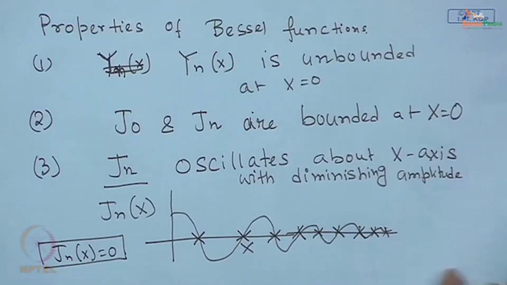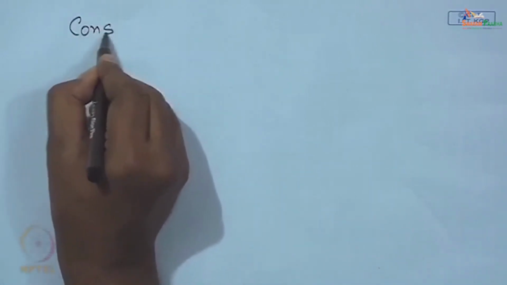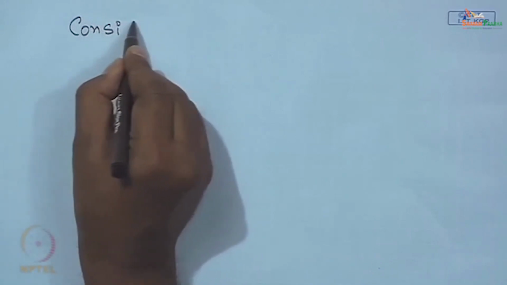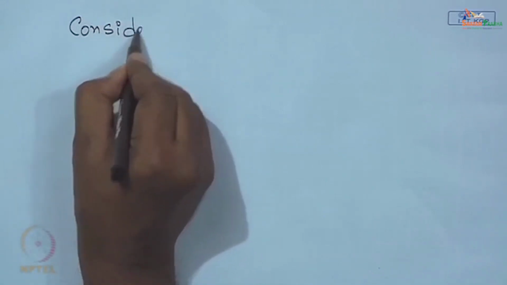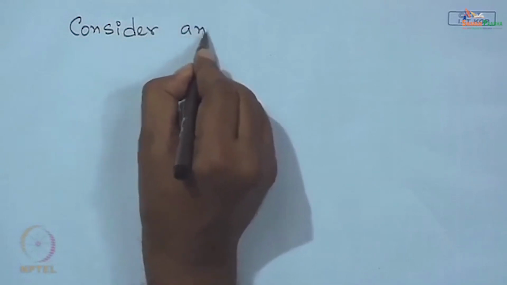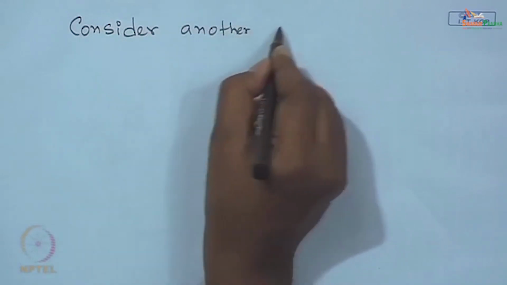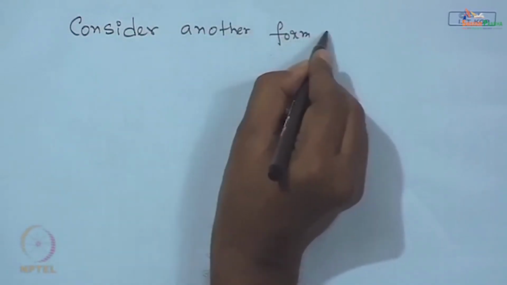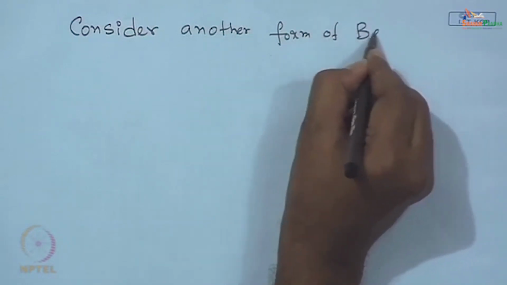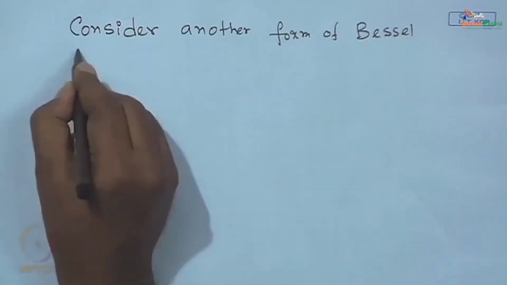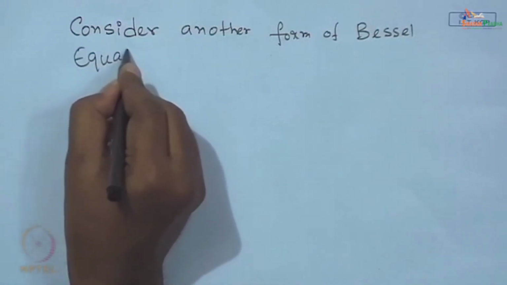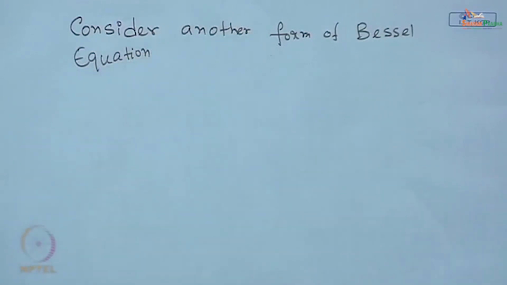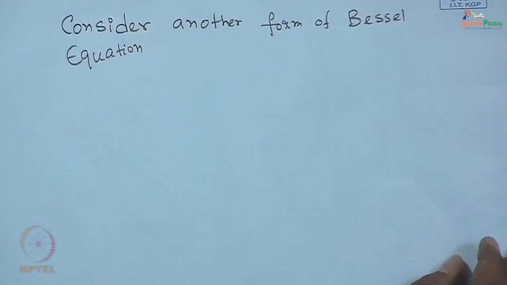Okay. So, we will come to that later on, but we have looked into the properties of J n, and now let us consider another variation of Bessel equation.